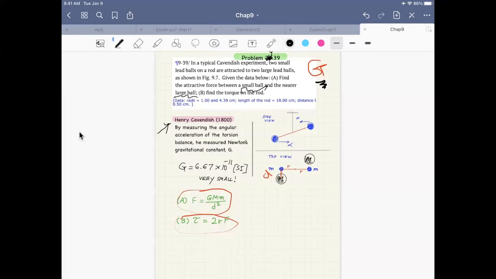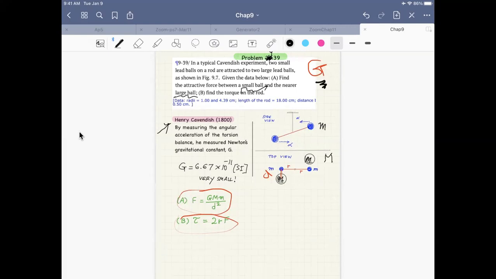Now, you place near these two balls two large lead balls, which will attract the smaller lead balls. So we have two spheres with mass m that are small, and two large spheres with mass capital M that are large.